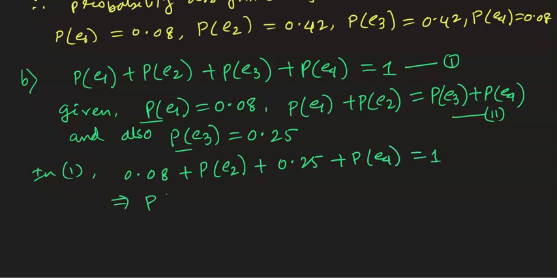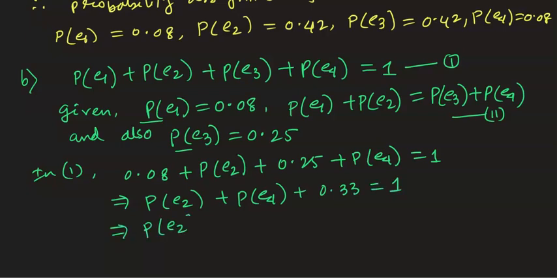From here we get probability of E2 plus probability of E4 plus 0.08 plus 0.25, which is 0.33, is equal to 1. Now probability of E2 plus probability of E4 is equal to 1 minus 0.33, which is 0.67.